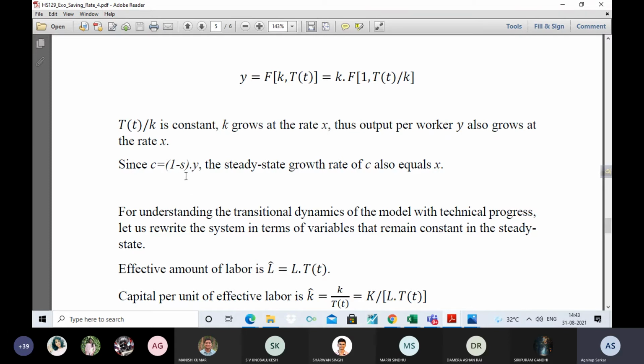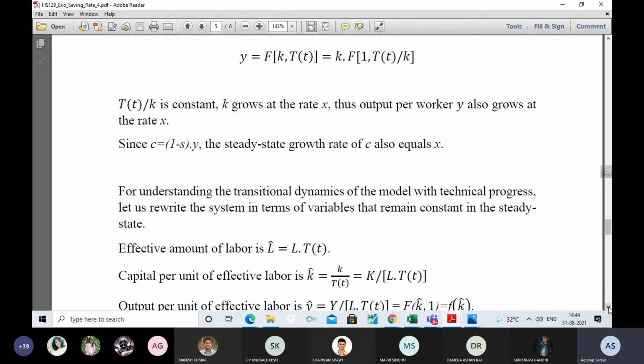So c, which is dependent on y, should also be growing at the rate x. C solely depends on y. There's a one-to-one relation between consumption per worker and output per worker. Output per worker is growing at the rate x, hence consumption per worker is also growing at the rate x.